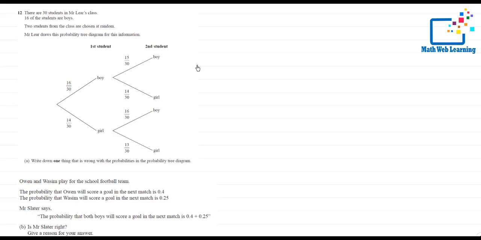Okay, so let's say the second student for that one, part A. Right, second student should be out of 29.